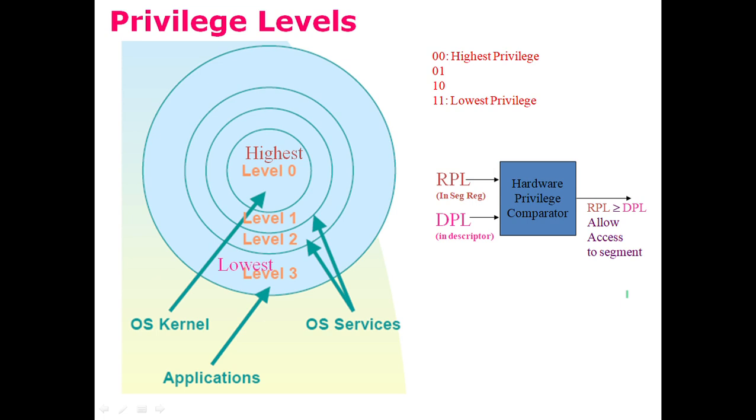And third, a protection mechanism is provided, and that protection mechanism is through the RPL field in the segment register, which is the request privilege level, and then there is a descriptor privilege level, which is the privilege level of the segment to be accessed.